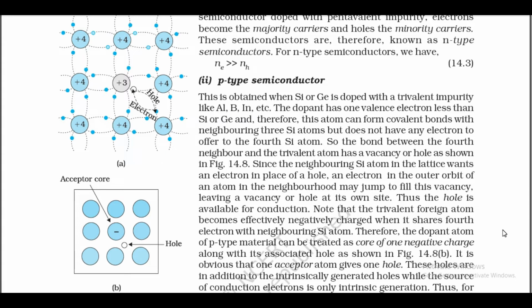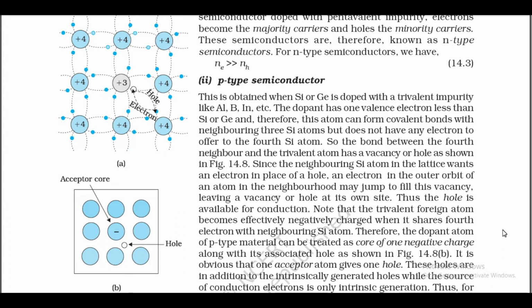So the bond between the fourth neighbor and the trivalent atom has a vacancy or hole, as shown in figure 14.8. Since the neighboring Si atom in the lattice wants an electron in place of a hole, an electron in the outer orbit of an atom in the neighborhood may jump to fill this vacancy, leaving a vacancy or hole at its own site. Thus, the hole is available for conduction.